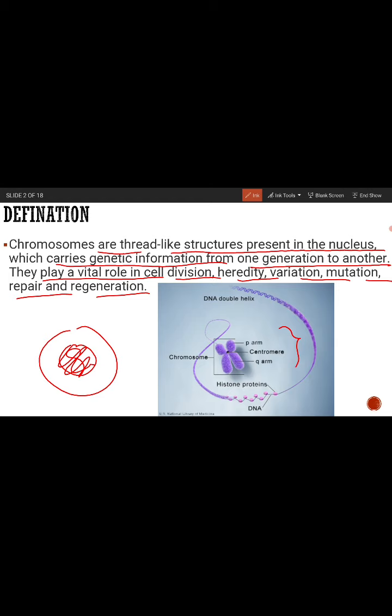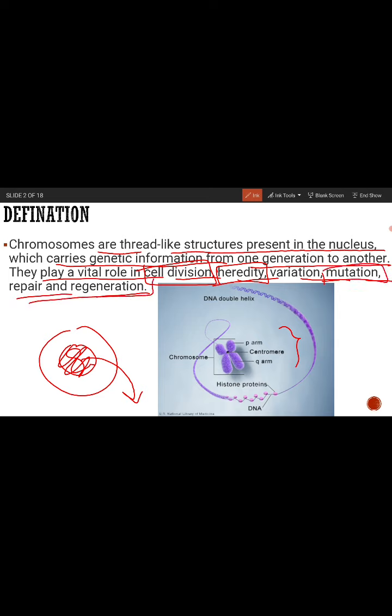The chromosomes contain genes within their DNA, and they carry these genes from one generation to the next. They also help in cell division, heredity, variation, mutation, and repair and regeneration, right?